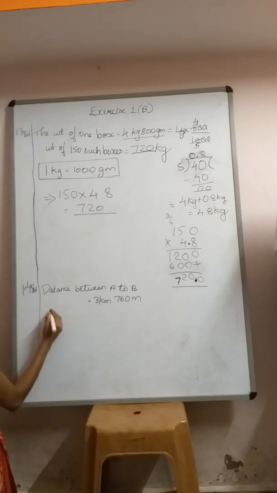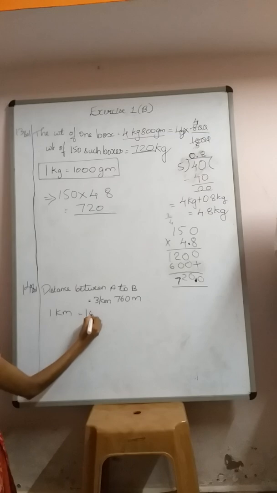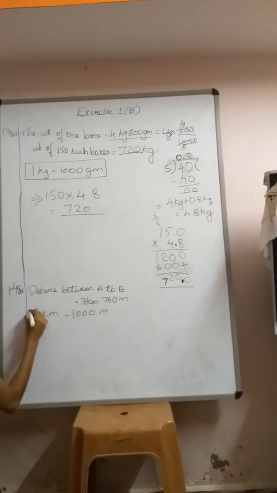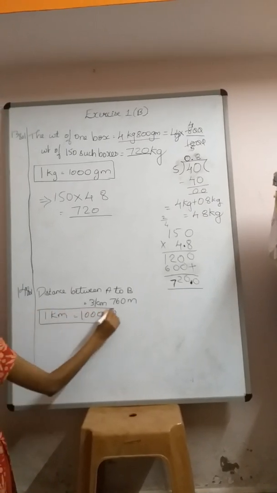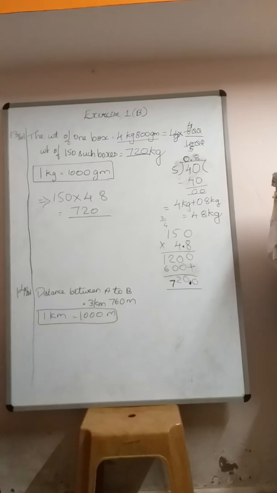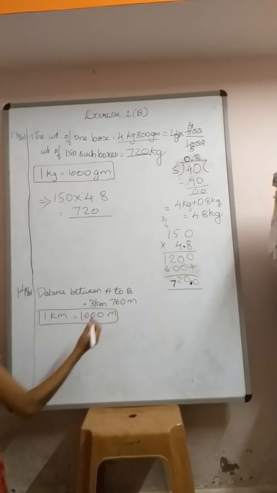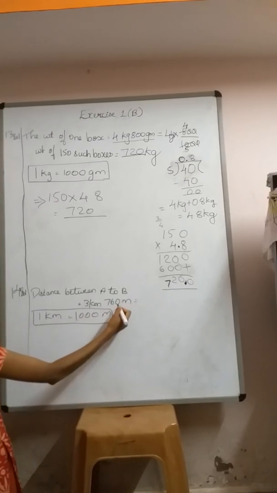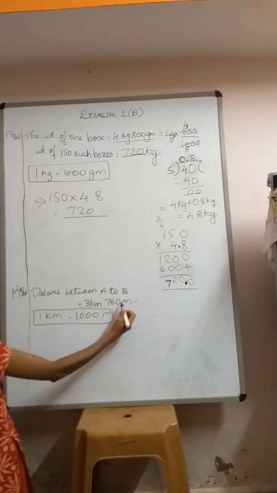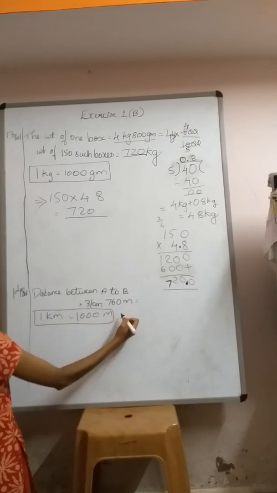So let us say 1 kilometer equal to 1000 meters. Remember this for conversion. Then 3 kilometer and 760 meter. So we need to convert.